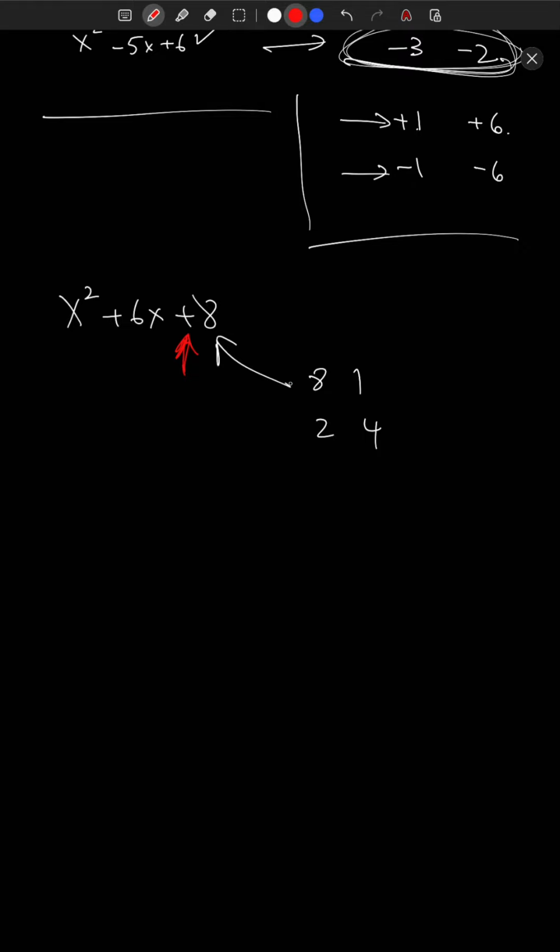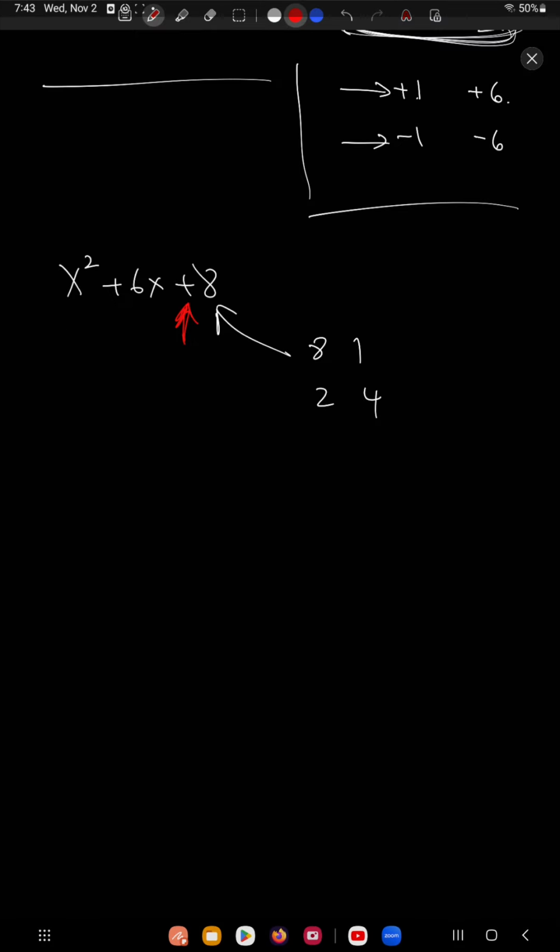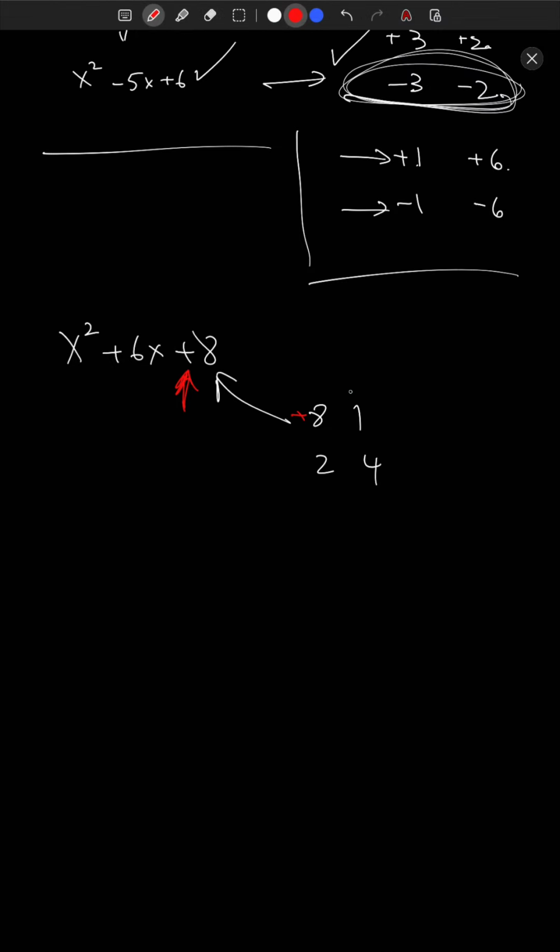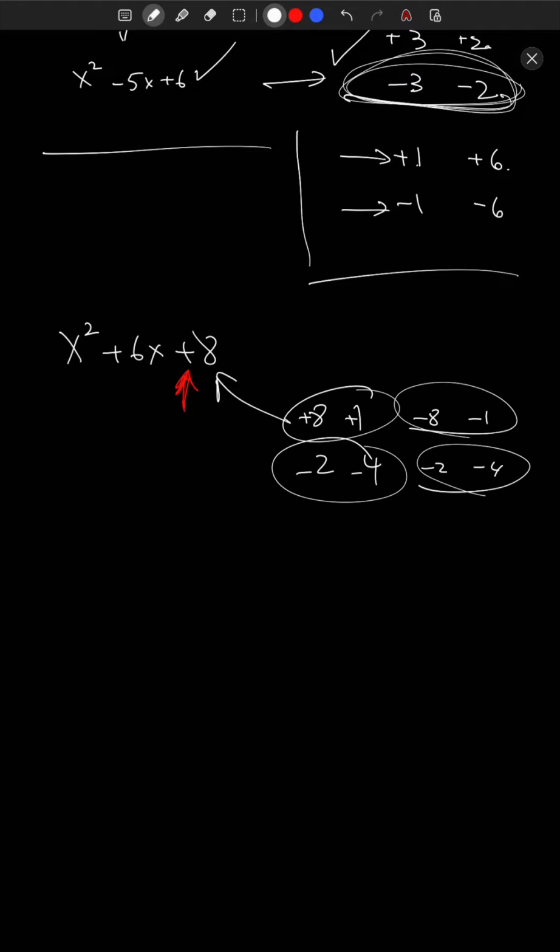Okay, so the signs have to be the same, all right? Let me explicitly write that out. So plus 8 plus 1, plus 2 plus 4, or the other option was minus 8 minus 1, minus 2 minus 4. So these are my 4 possibilities at this point.